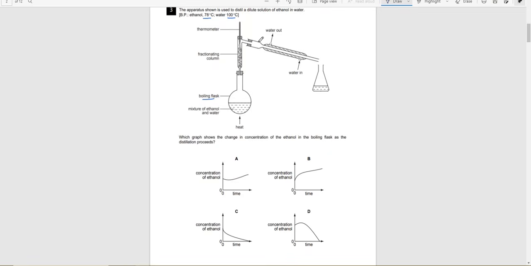It's going to go into the condenser and it's not going to be here in the boiling flask. So the answer would be what? Between C and D, both have decreasing concentrations. But in D, the concentration is increasing first, and the evidence of that does not lie in this diagram. So the answer would be C.